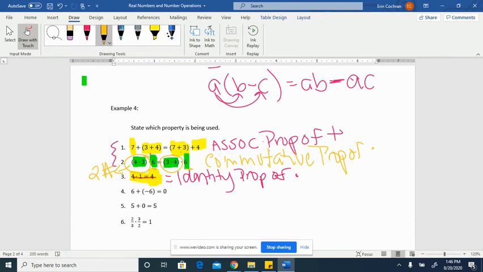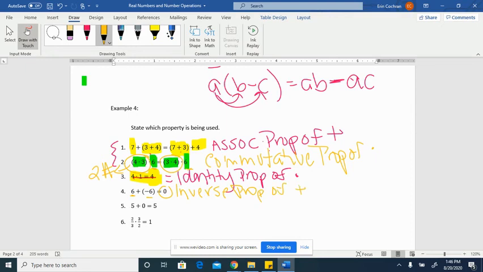All right, the next one, we're taking 6, adding a -6, and we get to 0. So we are not getting back to itself, so that is not the identity. But I am taking a number and adding its opposite to get to 0. When we add its opposite, it's known as the inverse. So this is the inverse property of addition because we're adding.